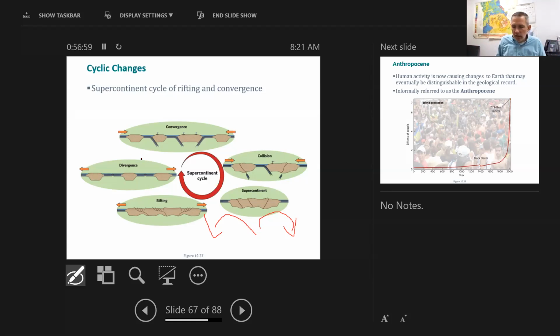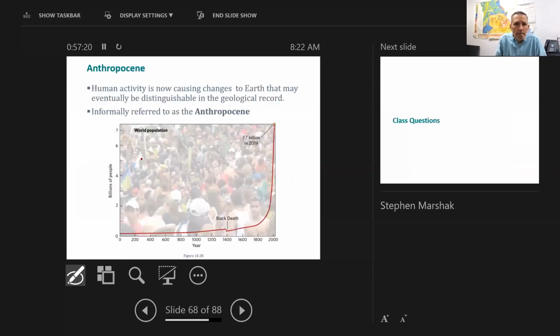These cyclic changes are sometimes referred to as Wilson cycles, named after Tuzo Wilson, the person who identified the transform fault. He noted that these continents form supercontinent cycles.